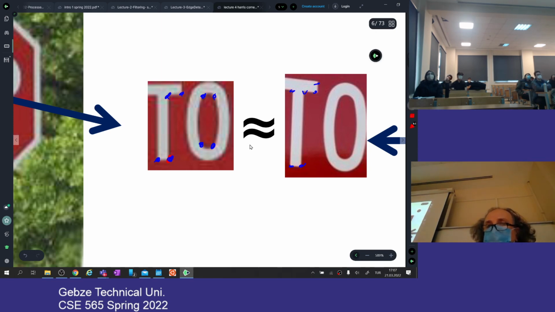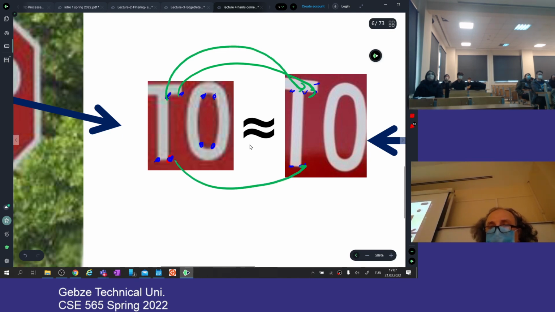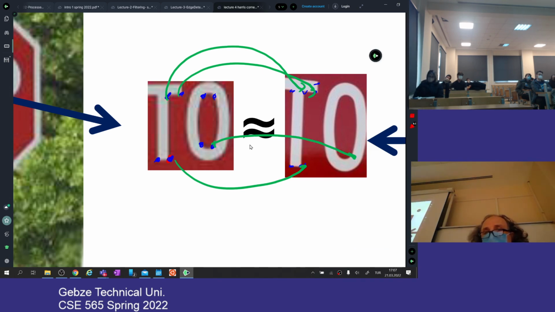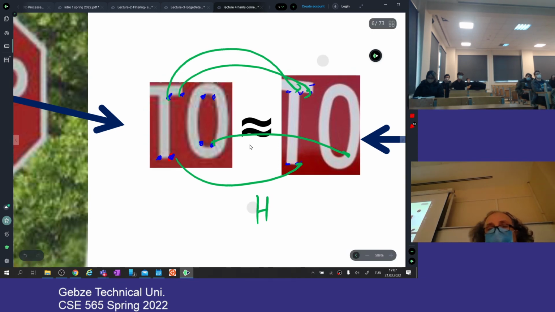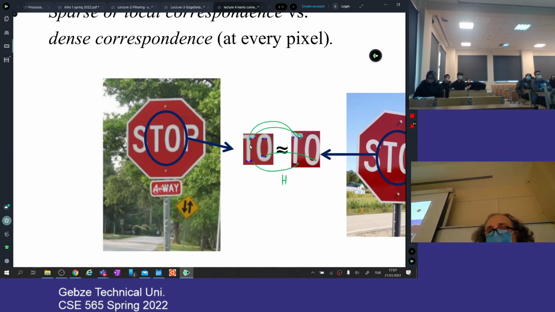It looks like this one corresponds to this one, and this one to this one. What do I get? I get some kind of registration between these two images. Maybe I can write a homography between these two, and then put one on top of the other and see if these two things are the same.